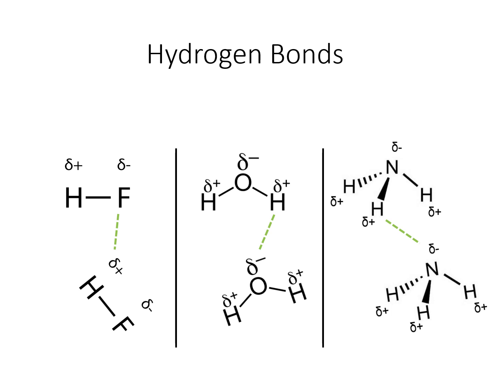It is also basically just a permanent dipole interaction, but a lot stronger. And because it's so strong, we give it its own name, hydrogen bonds. So to summarize, if hydrogen is bonded to fluorine, oxygen, or nitrogen, it will form a hydrogen bond, and it is the strongest of the intermolecular forces.